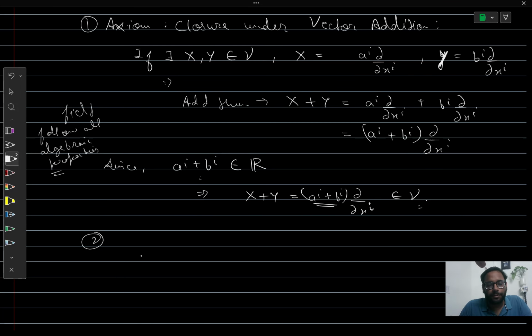The second axiom is closure under scalar multiplication.